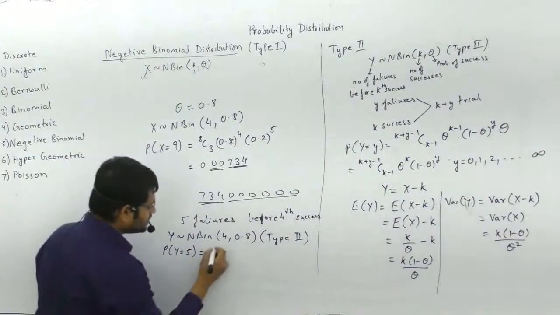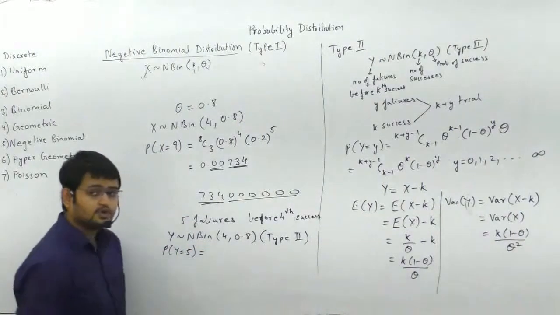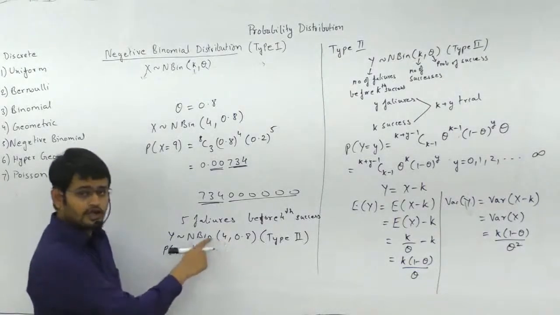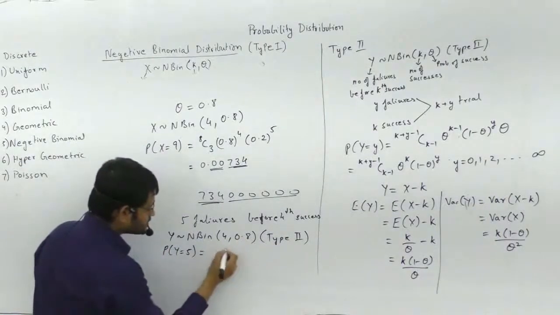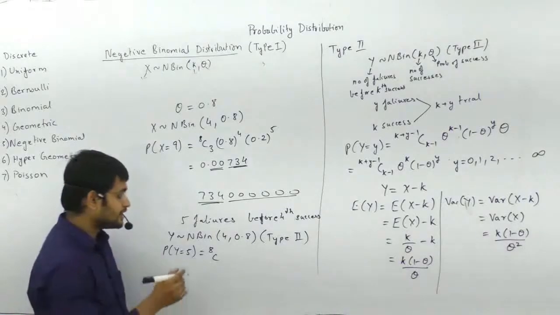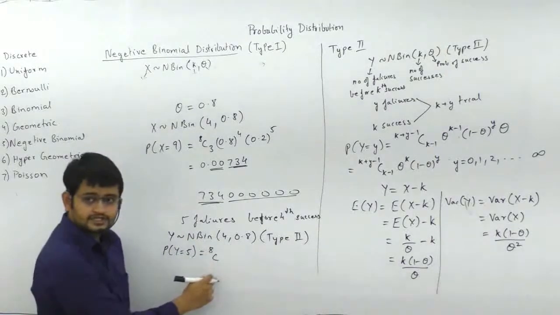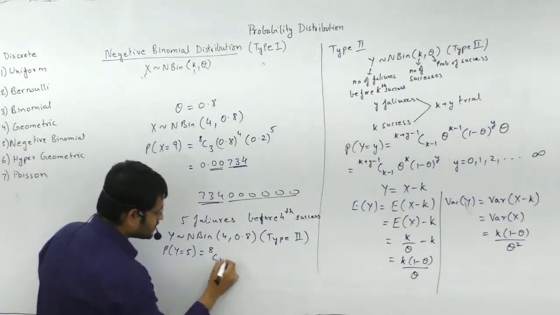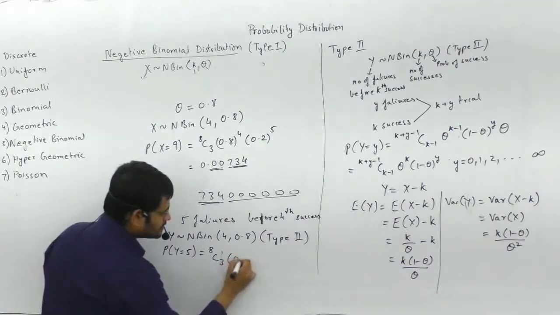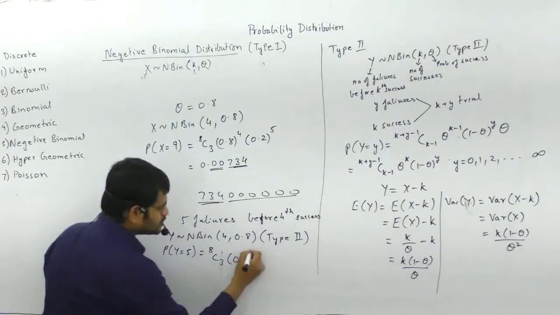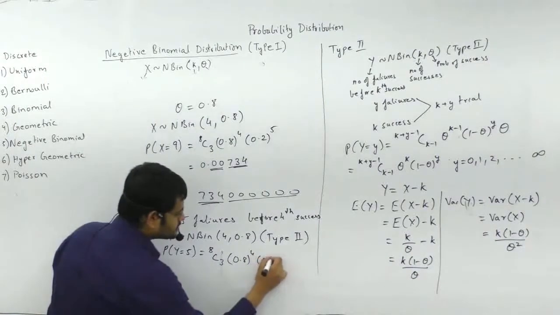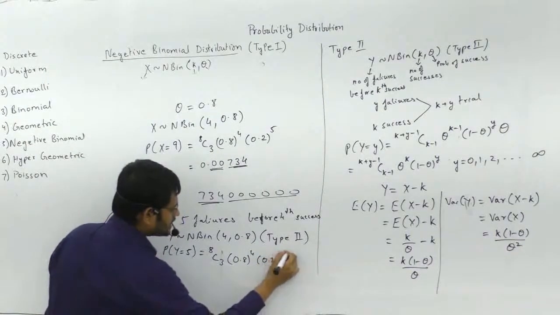That would be nothing but, for type 2, we have the formula x plus y minus 1. Our x is 4, y is 5. So we'll have (x plus y minus 1) C (k minus 1), so k minus 1 is 3, and then 0.8 raised to k, that will be 4, and then 1 minus theta, that will be 0.2 raised to y, that will be 5.